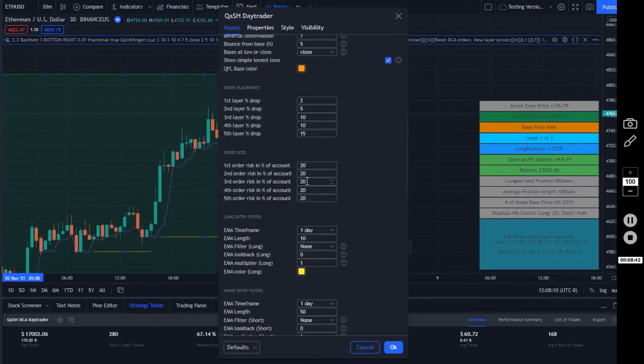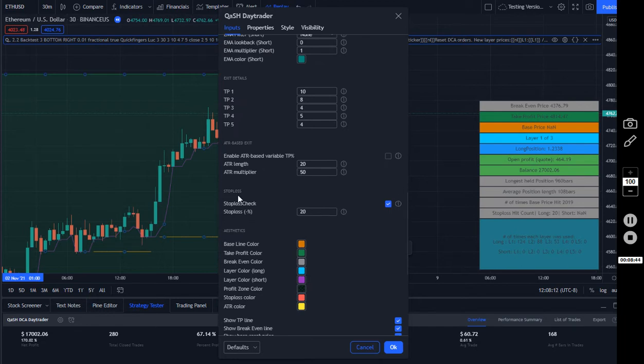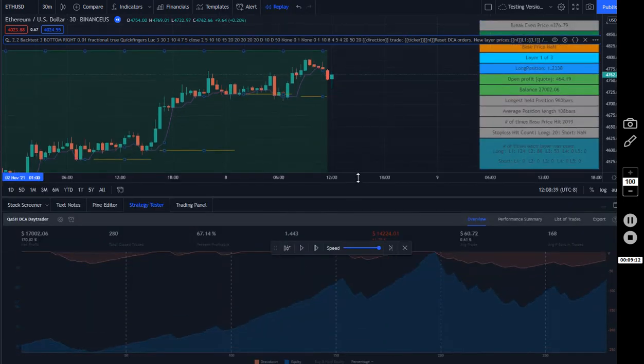Now if I look down here, currently I have my stop loss turned on. The Quickfingers Luc strategy actually does not use a stop loss, as far as I'm aware. I include it because people like to use it, and it's a good risk management tool.